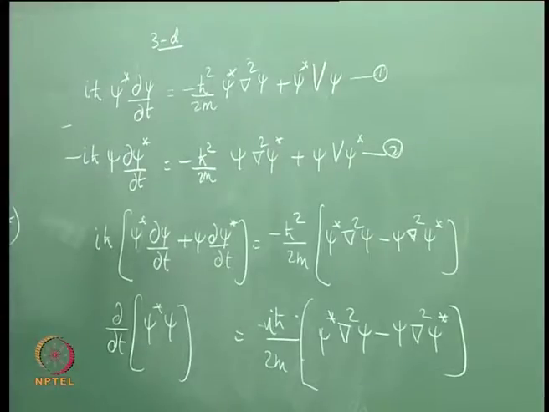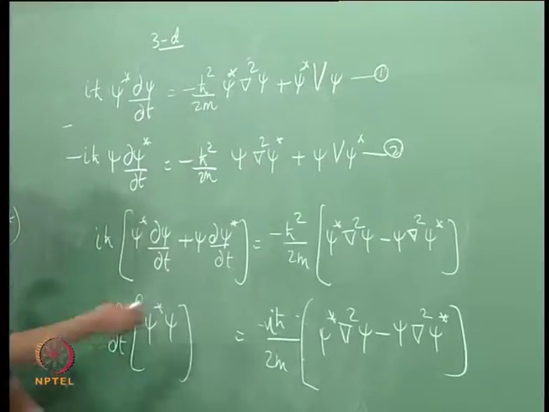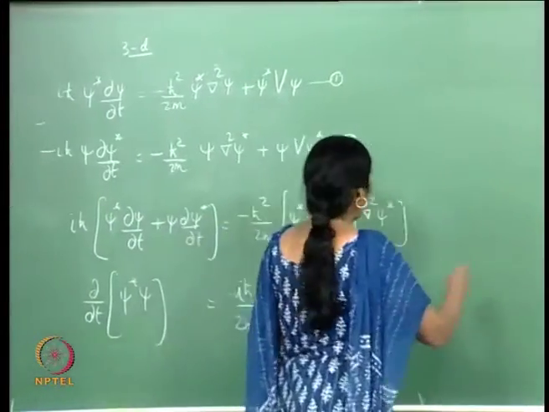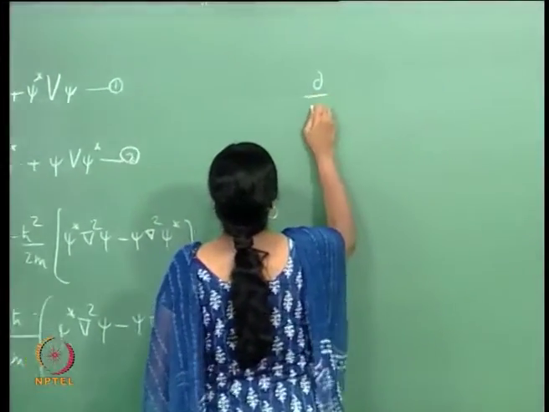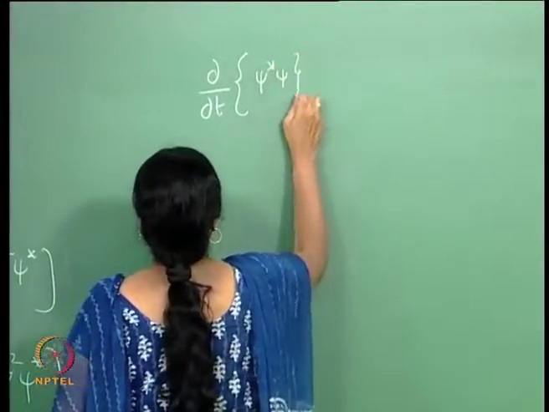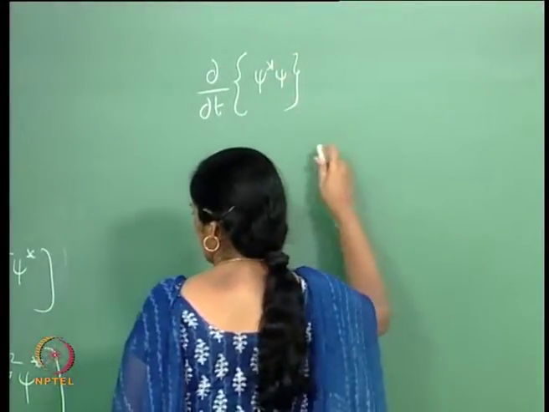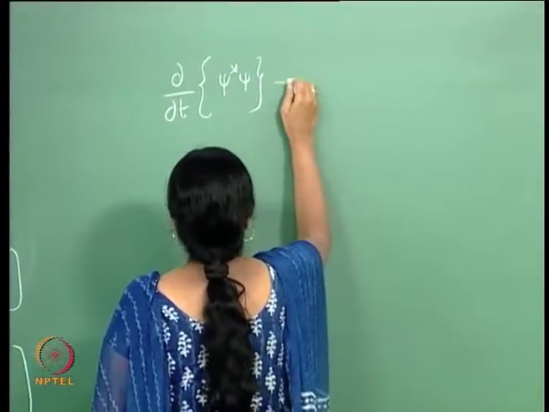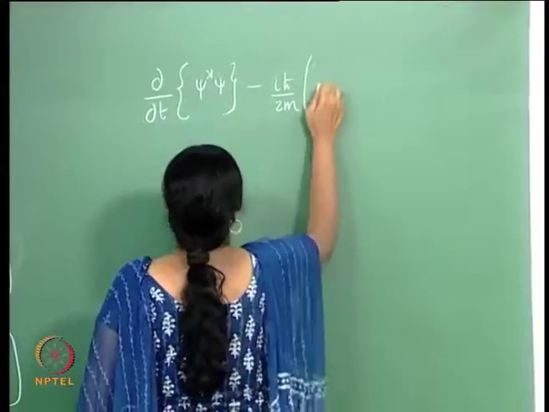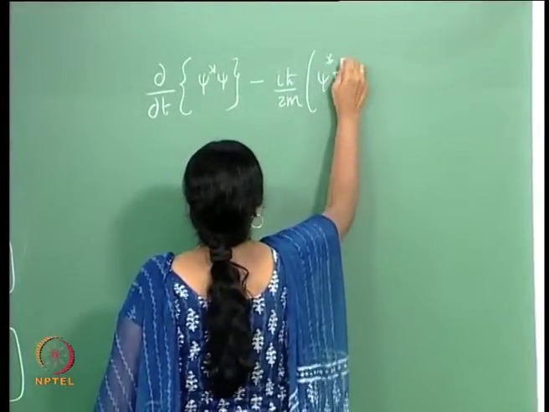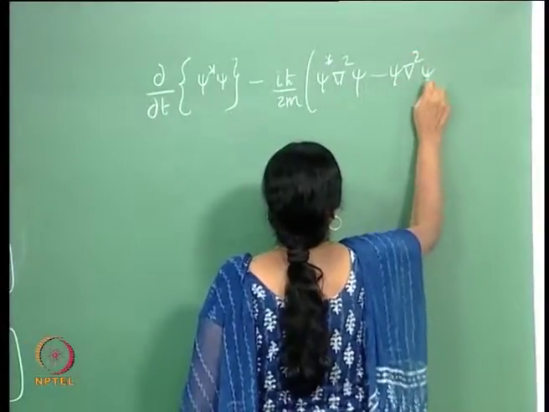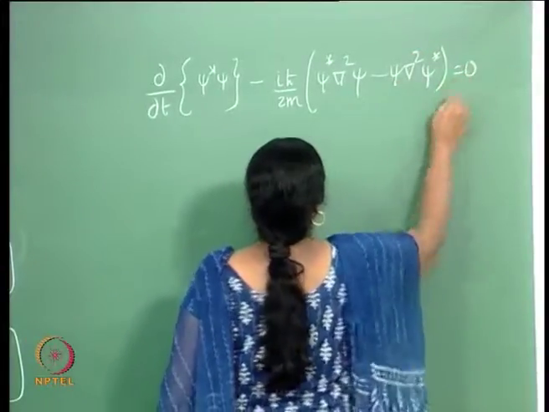Now this looks like a continuity equation, because I can bring this to the other side, and I have delta by delta t of psi star psi minus i h-cross by 2m times psi star del squared psi minus psi del squared psi star equals 0.